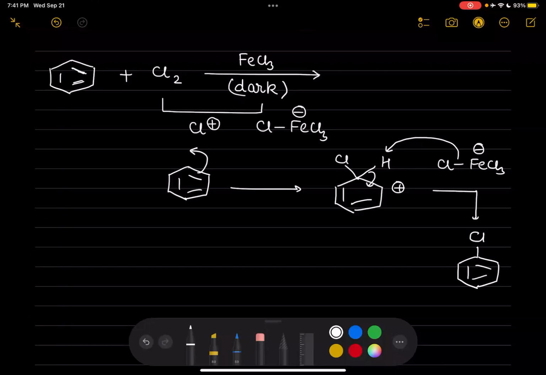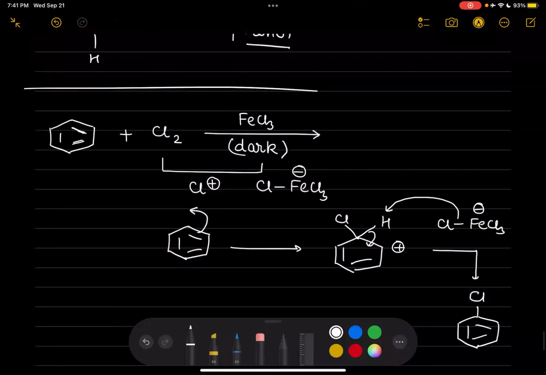What you can do is, there are hydrogens everywhere. So what I did, I just wrote one hydrogen, any one you can write, and you can remove the HCl. And you can put the Cl on the position where the H is removed.